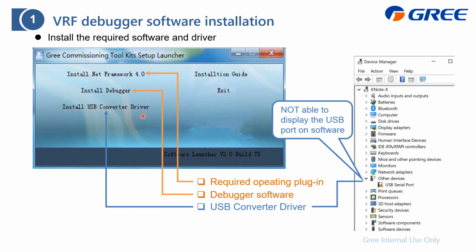If you don't install this one on the computer, especially in the device manager, maybe you will find this one. That means the system cannot recognize the USB converter, so you need to install the driver to ensure it can drive the USB converter.